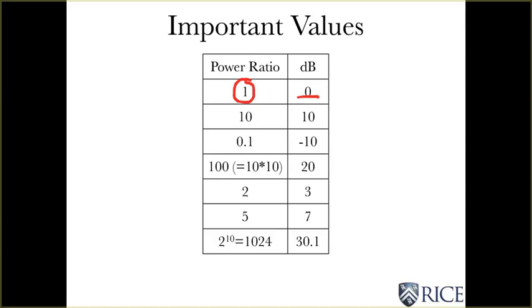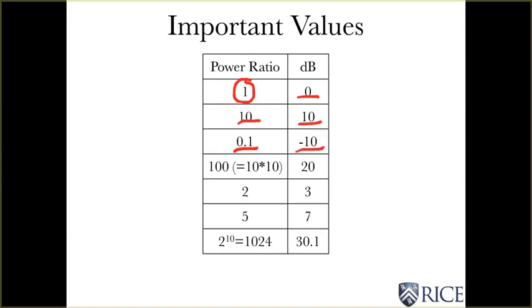That's a very low signal to noise ratio. If the power ratio is 10, well, that turns out to correspond to 10 dB. If the power ratio is a tenth, the signal power is 1/10 that of the reference, that's minus 10 dB.